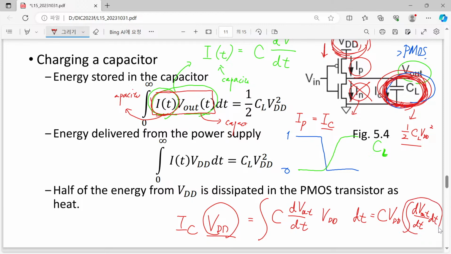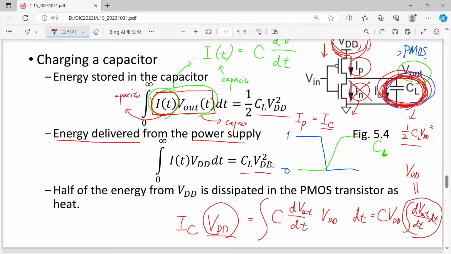What is it? This one gives us just V_DD. That's the reason why the energy delivered from our power supply is not half of C V_DD square, but it is just C times V_DD square.